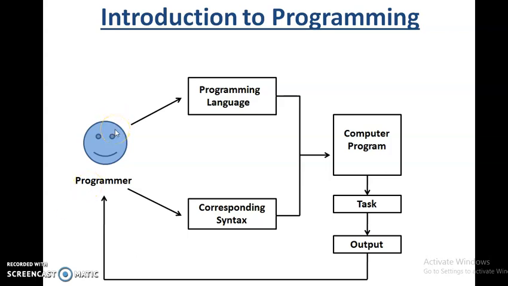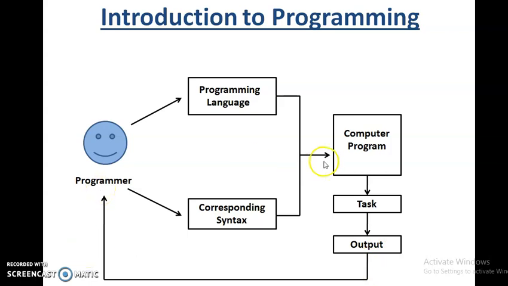A programmer makes use of a programming language and the corresponding syntax of that programming language, or we can say the rules to write that programming language, and makes a computer program that completes a task, and that task gives the output again to the programmer.